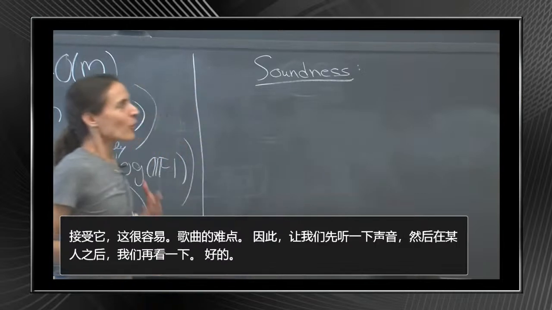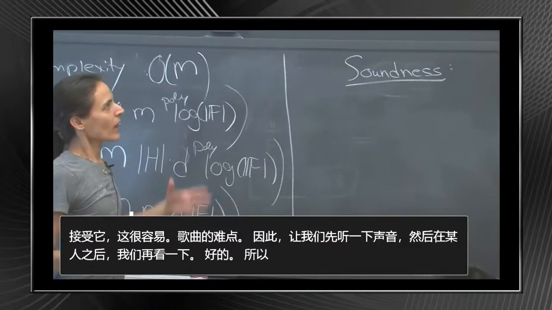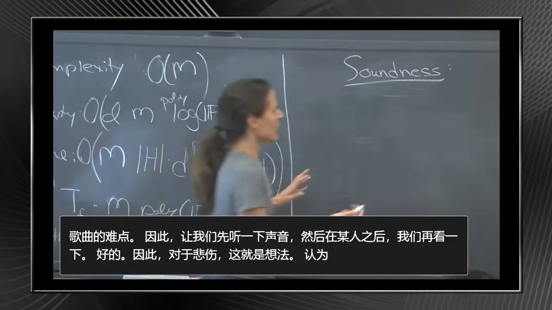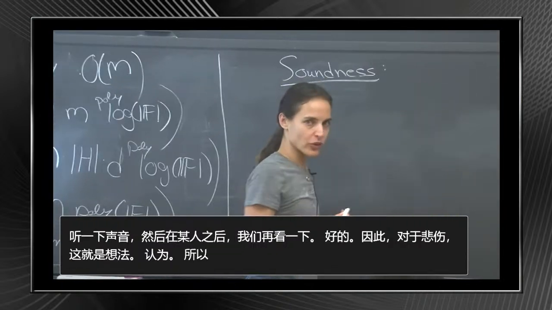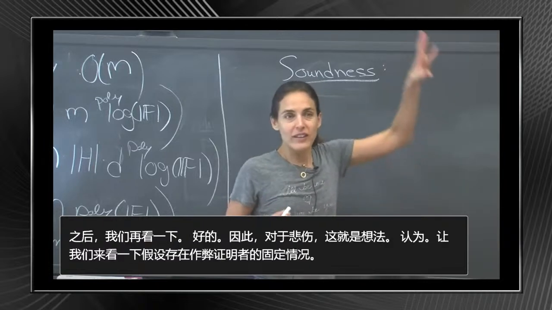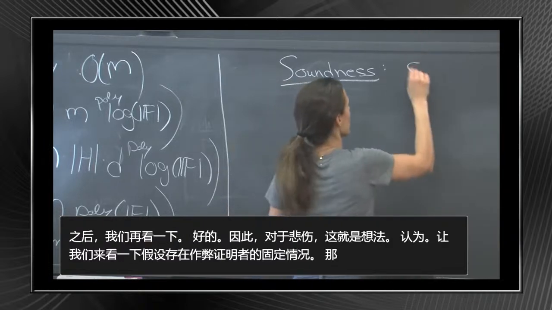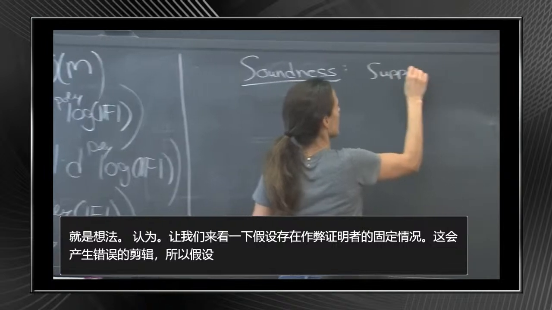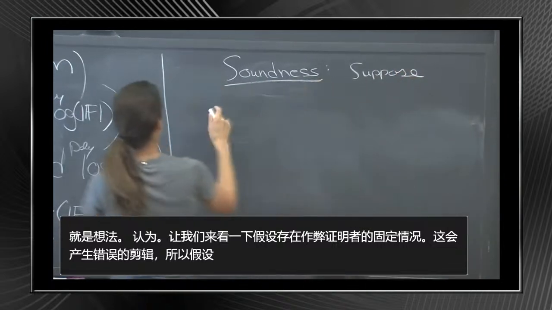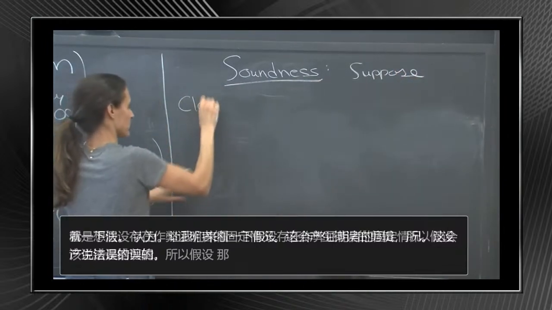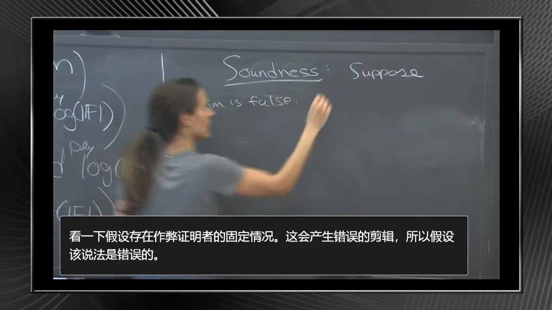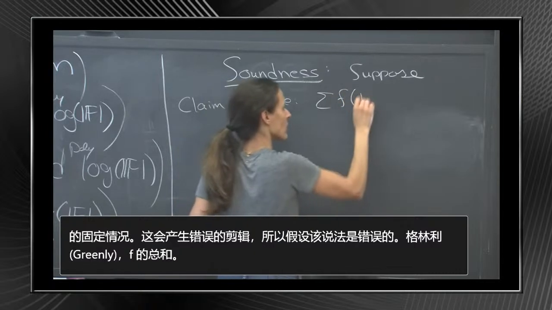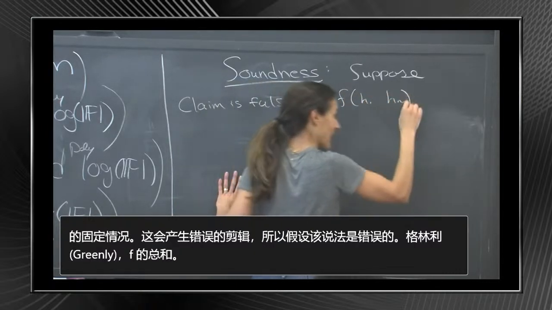Okay. So for soundness, here's the idea. Suppose there's a cheating prover that generates a false claim. Suppose that the claim is false. Namely, this sum of f is actually not beta.